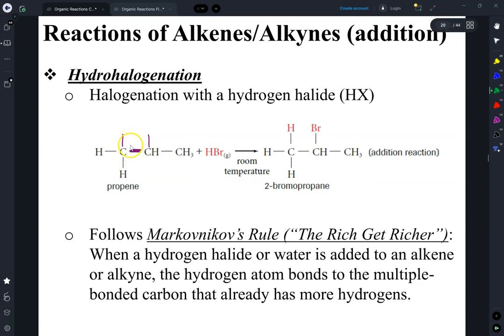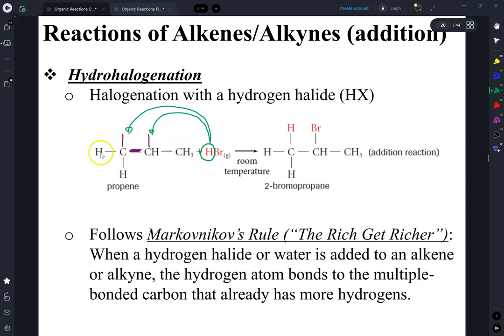By breaking the double bond and opening up two new sites, how do you know where the hydrogen will be added? In such cases, we will follow Markovnikov's rule, which is basically summarized as the rich get richer. So what that means is whoever has more hydrogen should get the hydrogen.